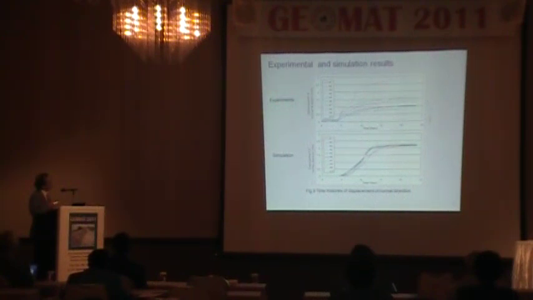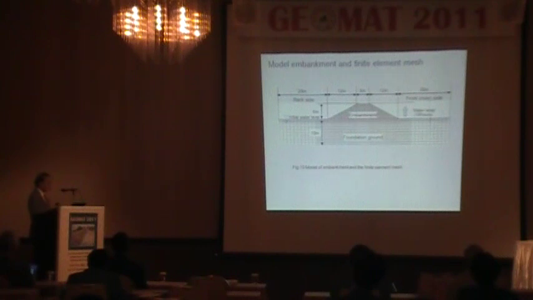In the experiment, we observe the large deformation at the top of the embankment, but in the simulation, it is almost the same or a little bit less. That is something that is different. But the trend of these results are similar to each other. So it means that we can apply the analysis method to another problem.